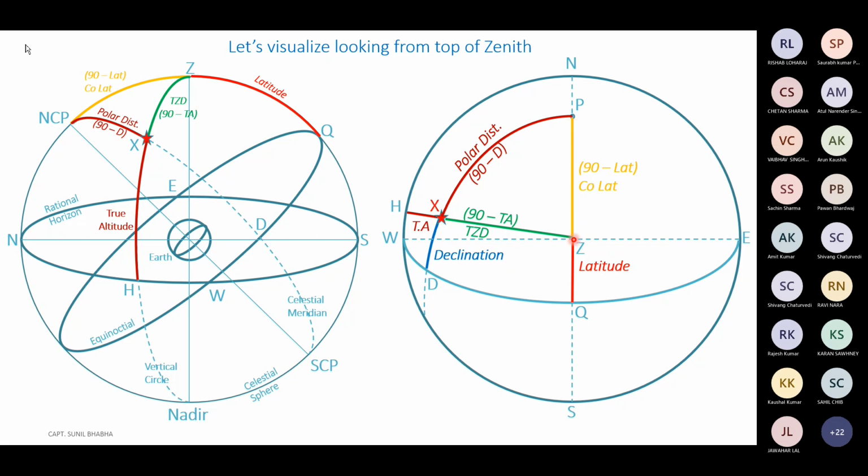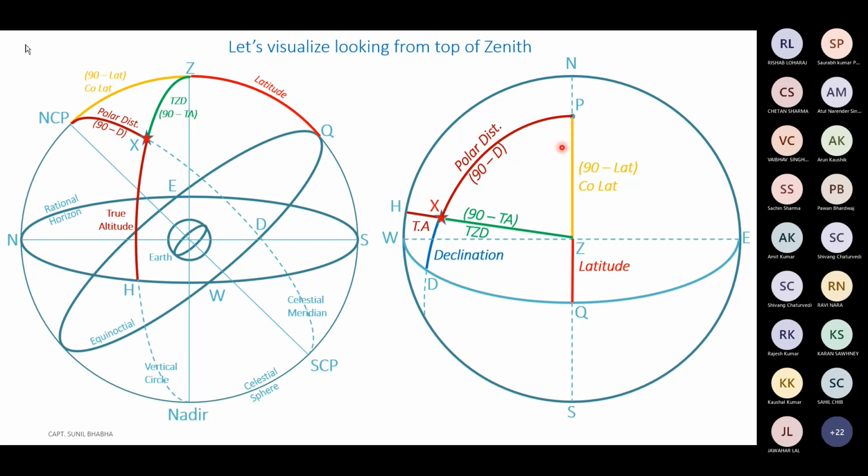So pole to zenith to Q point to S point represents the celestial meridian of the observer. And the side P to X to D is the celestial meridian of the heavenly body, the star.